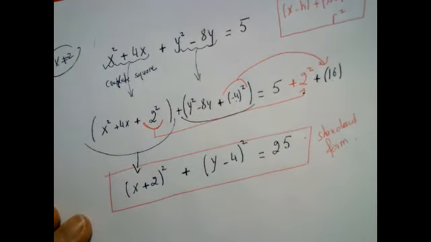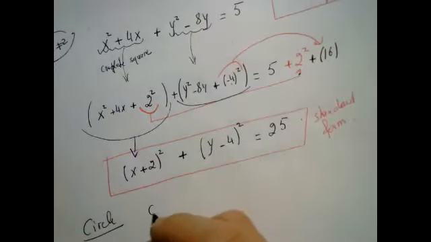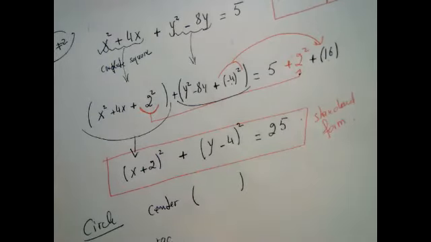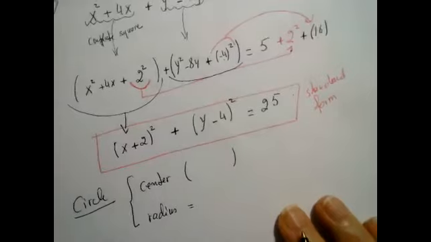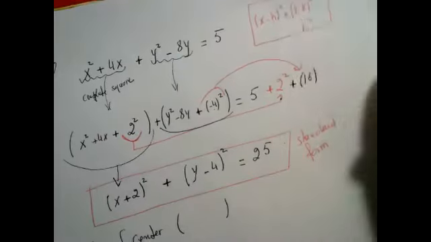Now, that's a circle. The center of my circle is, and the radius is. So what's the center very quickly? Always compare it to x minus h squared.